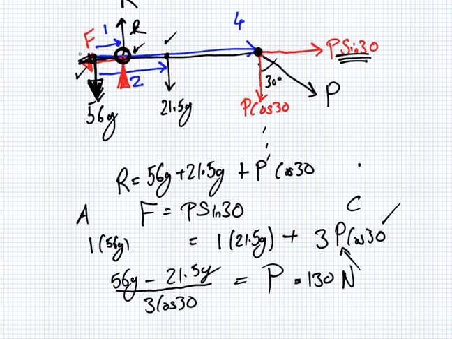Okay? So can you write this down? Here, I'll let you write this down. You need the friction force to balance the P sine 30. Is that what you wrote? Or just calculations? Did you get 130?